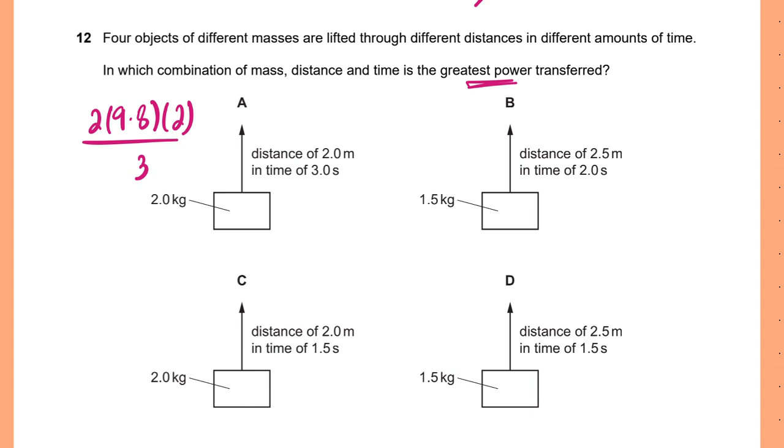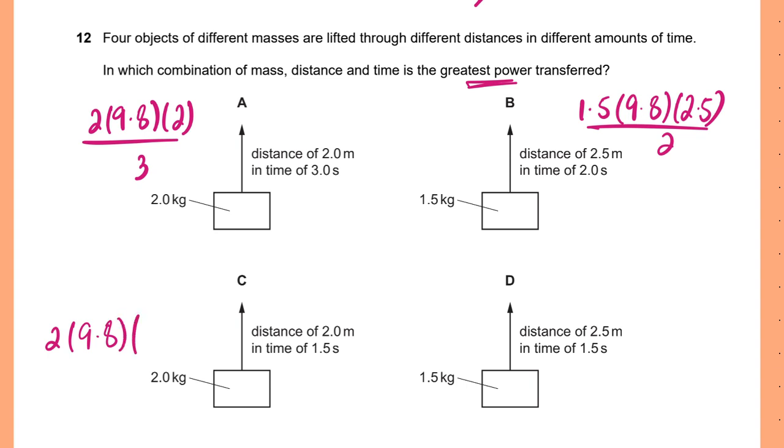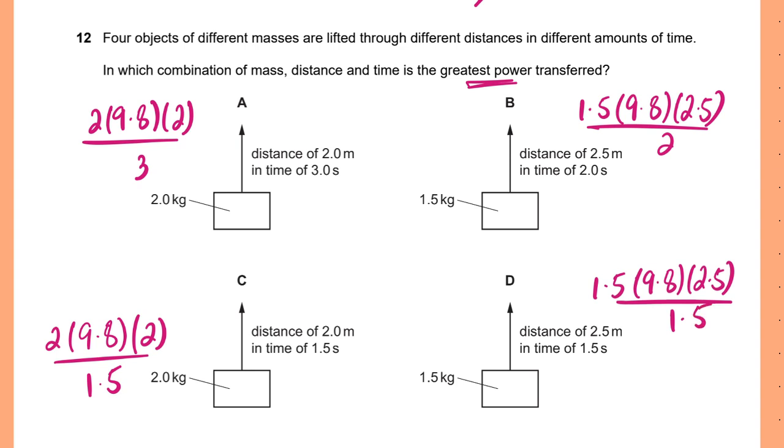And then if I set it all out for all of these options, for this one it would be 1.5 times 9.8 times 2.5, the distance, divided by 2. Then 2 times 9.8 and 2 divided by 1.5, and then 1.5 times 9.8 times 2.5 divided by 1.5.